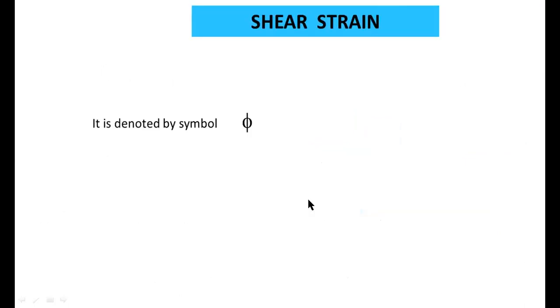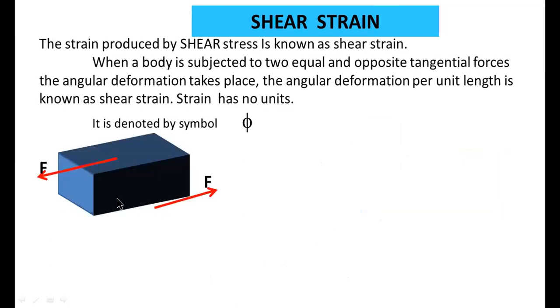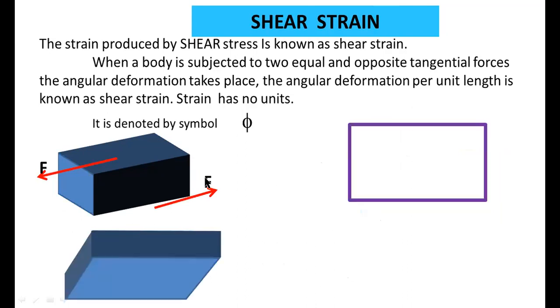Now shear strain. The strain produced by shear stress is known as shear strain. This is the example. When you are applying two equal and opposite tangential forces on the body, this is the initial position of the body. When you are applying two loads in opposite direction, tangential force, then this is the final shape of the body.